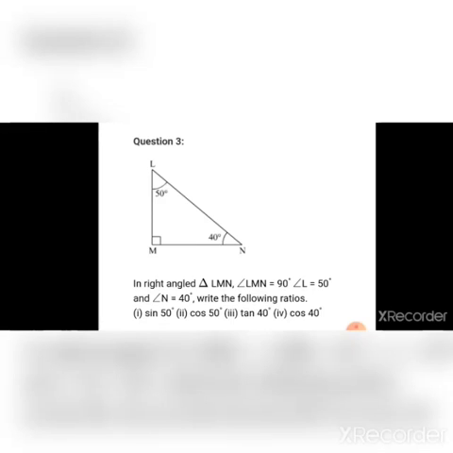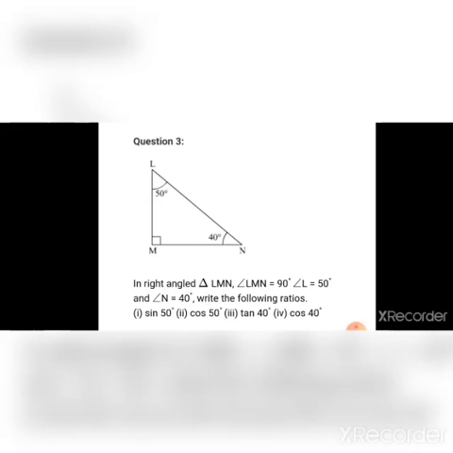One, that is we can write the ratios, and the second, if you observe the right angle triangle, M is 90 degree and we have two more acute angles in triangle LMN, that is angle L and angle N. So we can have the trigonometric ratios for angle L as well as for angle N, that is 40 degree angle, for sin, cos and tan we can write. And for angle 50 degree L, also we can write the trigonometric ratios sine, cos and tan.